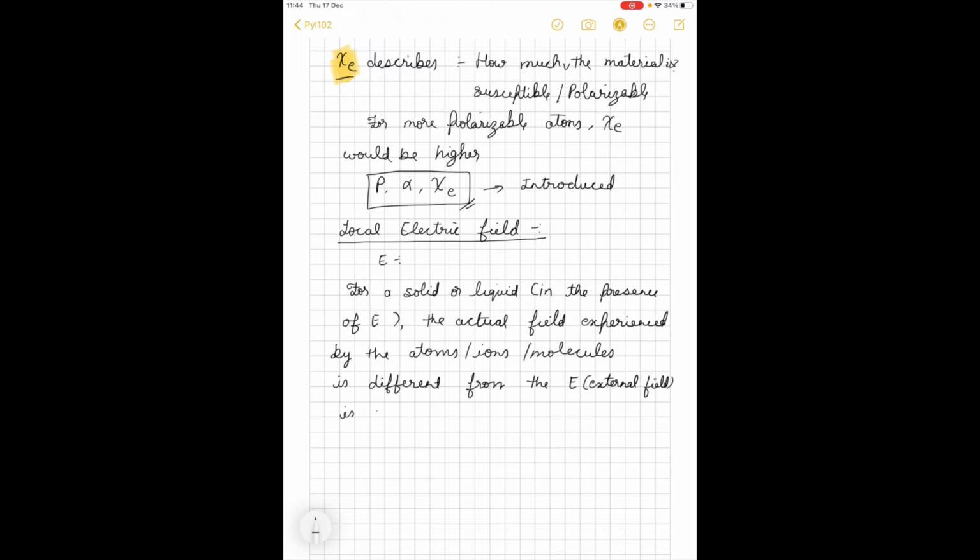This is called the internal or local electric field.